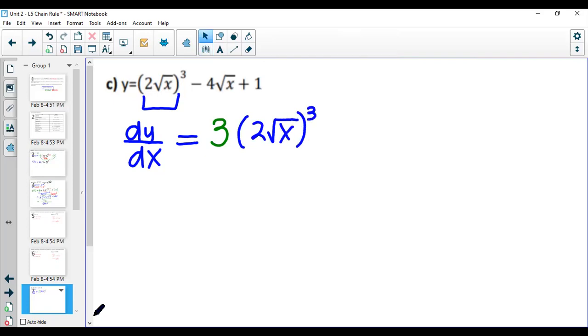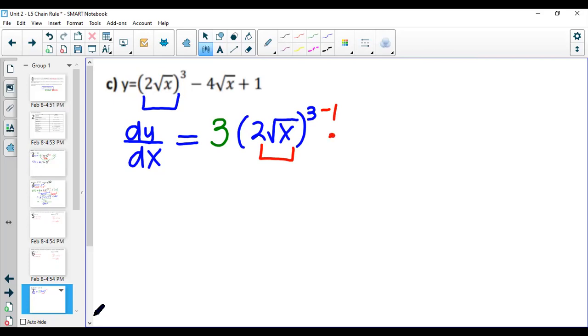I have to subtract 1 from that. But I also have to take the derivative of this inside before I move on.